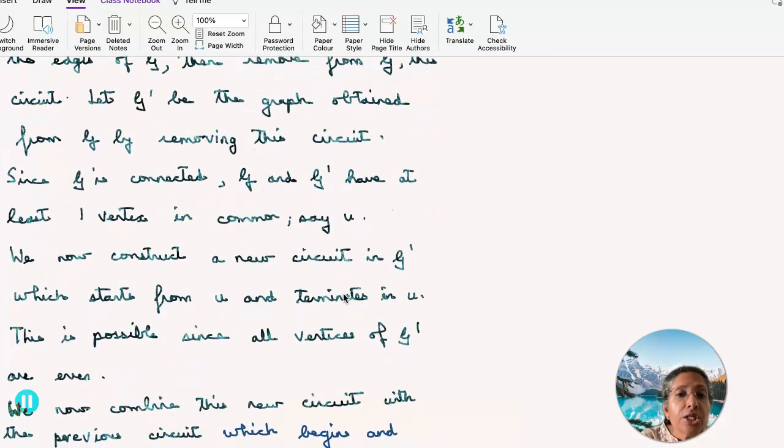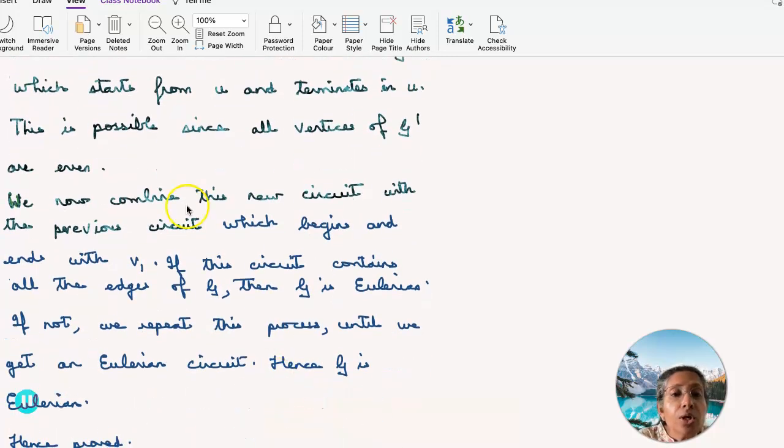Since G is connected, G and G' will have at least one vertex in common, say U. We now construct a new circuit in G' which starts from U and terminates in U. Again, this is possible since all vertices of G' are even. We now combine this new circuit with the previous circuit which begins and ends with V1.